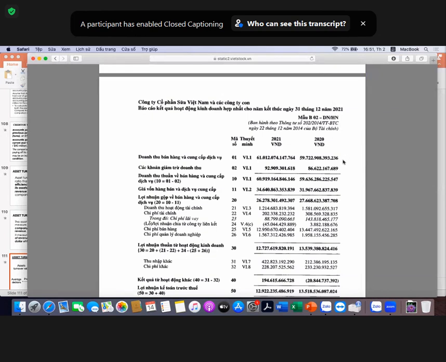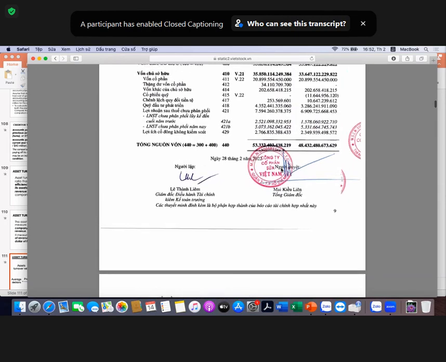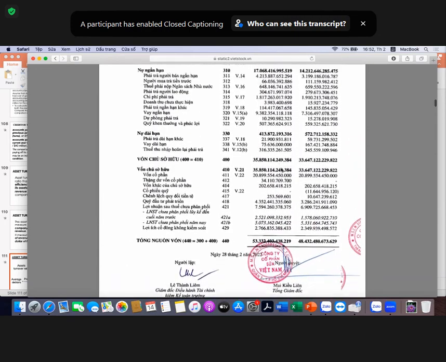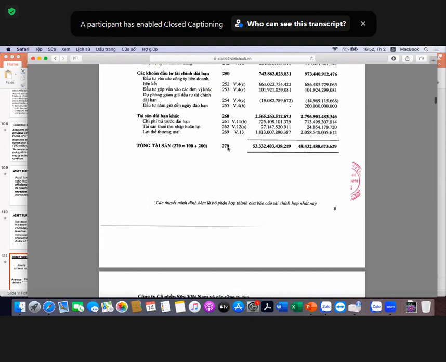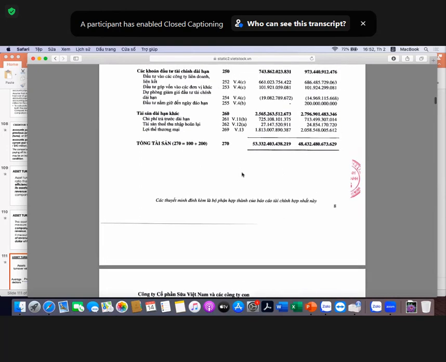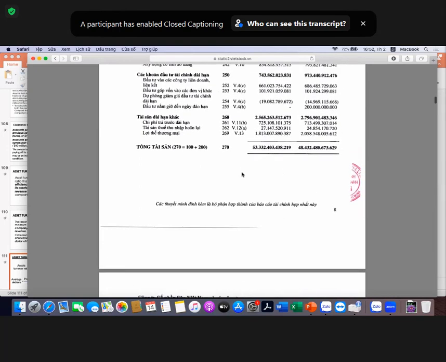This is the revenue divided by the average total assets. So the total assets here have a count number of 270. Okay. So now what is the asset turnover ratio?